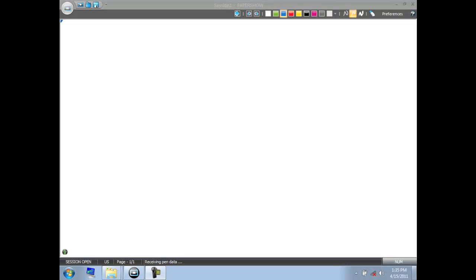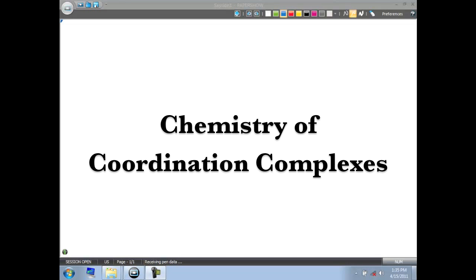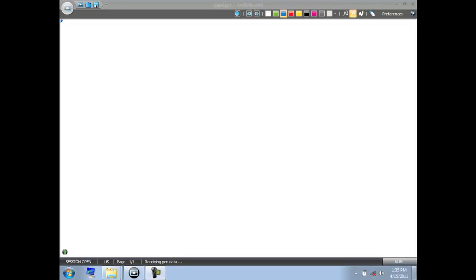Compounds. And we're going to start again today looking at coordination chemistry. So, continuing on with coordination complexes.